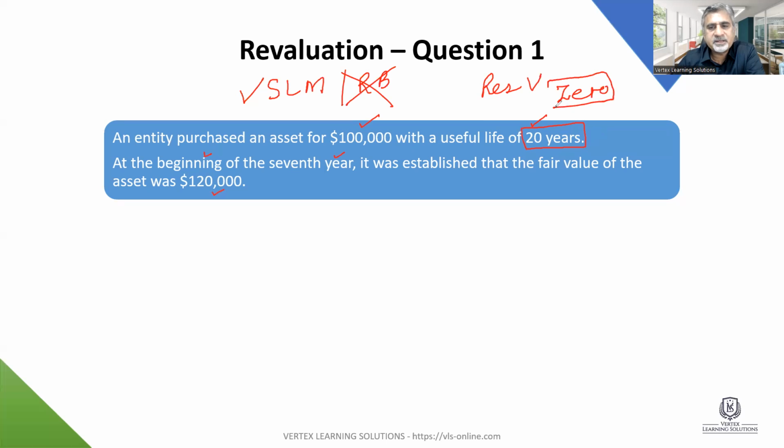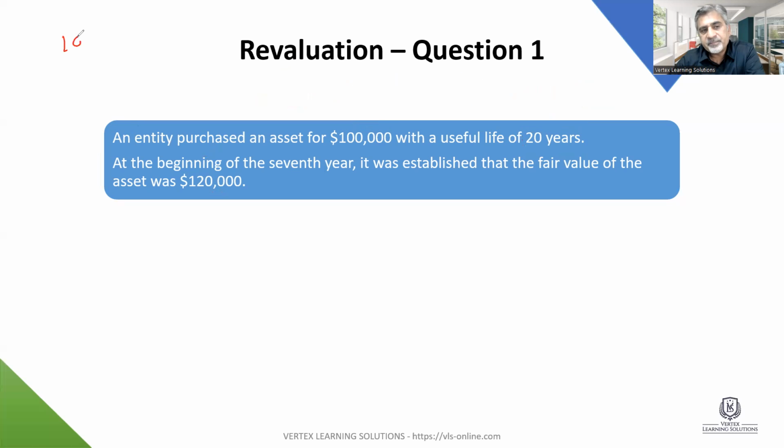Because these two pieces of information are not given, I'm going to use straight line method of depreciation, and I will assume that residual value is 0. Residual value 0 means that this $100,000 asset will become 0 over a period of 20 years.